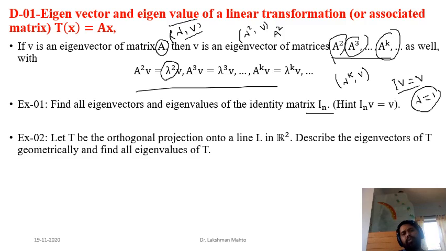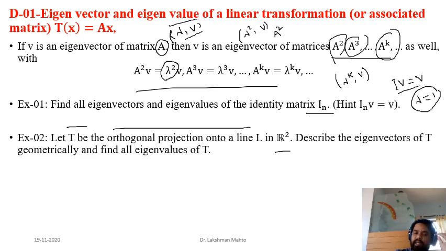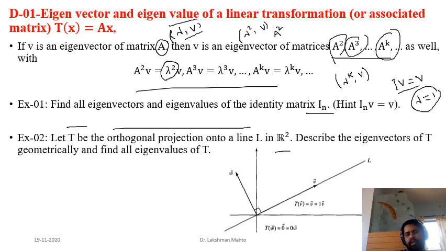I'm taking one more example. Suppose T is an orthogonal projection onto a line in R2. Then definitely T will have eigenvalues and eigenvectors. It will have two eigenvalues and two eigenvectors. How can we describe this? In geometry, this is the given line, and take any vector along this line.